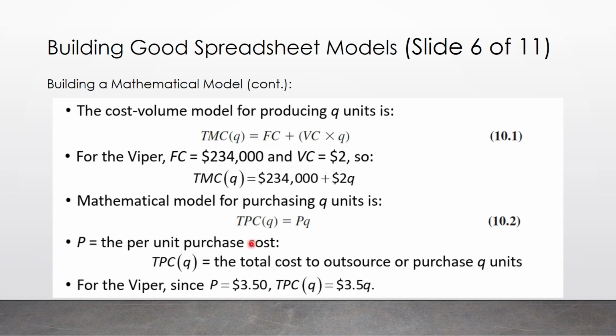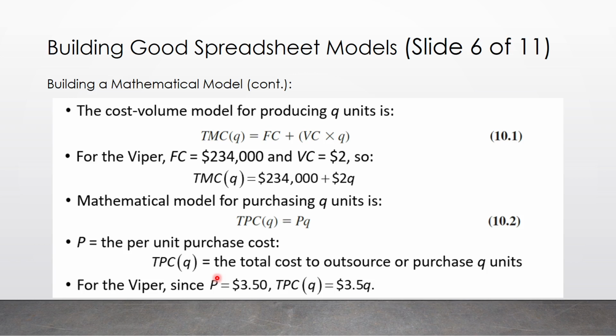Similarly, the total cost model for purchasing Q units is shown in equation 10.2. Let P be the per unit purchase cost and TPC of Q equal the total cost to outsource or purchase Q units.